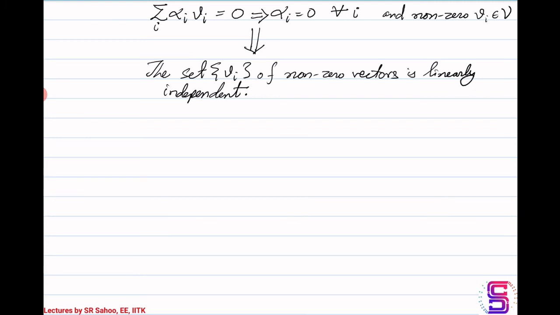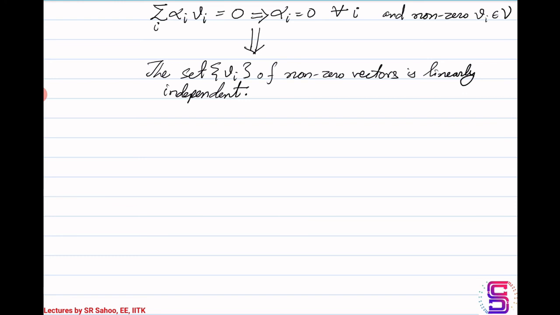Please understand what this is saying. Suppose you form an equation with the given set of vectors. What you do is scale up each vector by a factor alpha i, and then add up the scaled versions and equate it to 0.